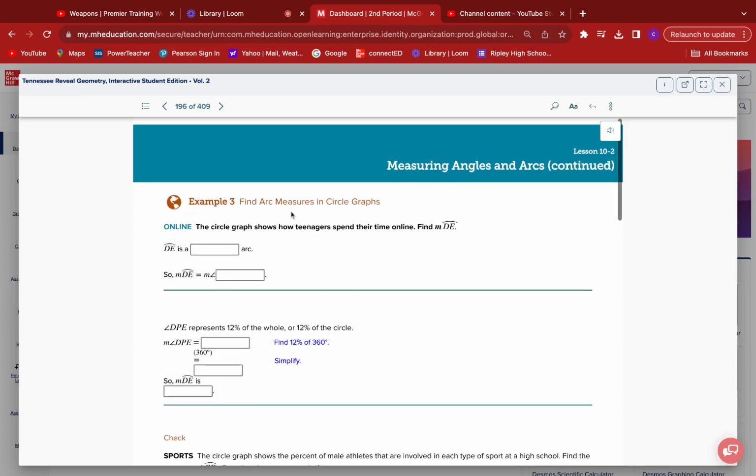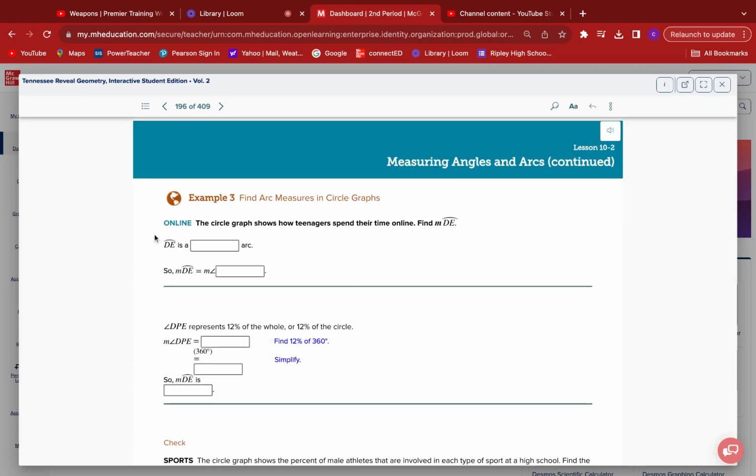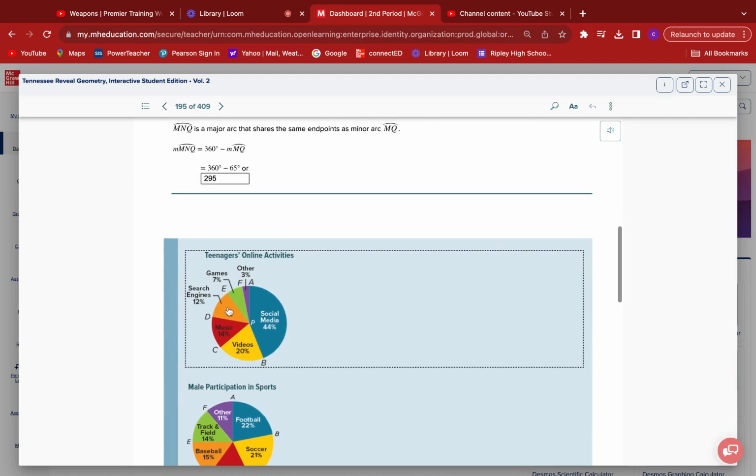Okay, so let me go back to example number 3 because they didn't put it on the same page, which I can say is probably a little frustrating for everybody. All right, so we're finding the measure of arc DE. DE, everybody, is right here. It says 12%. So they're asking us to find 12% of a full circle, 360.